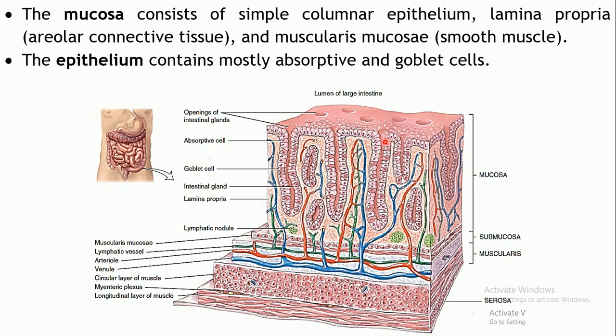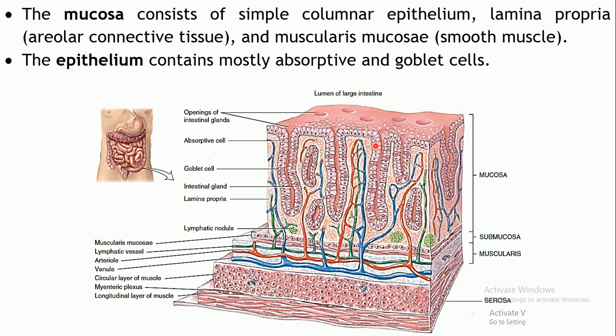There are certain differences in the types of cells present in the epithelium of the large intestine when you compare it with the small intestine, which we covered in the last lecture. We have seen that there are circular folds and villi, which are finger-like projections into the lumen.